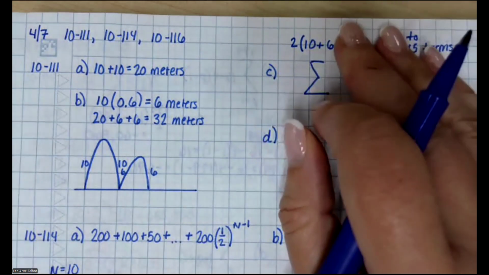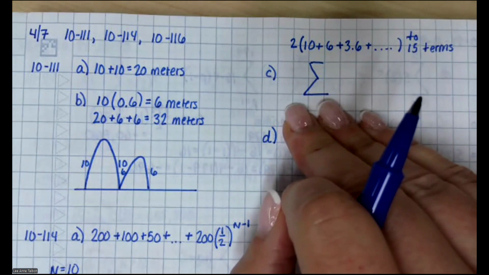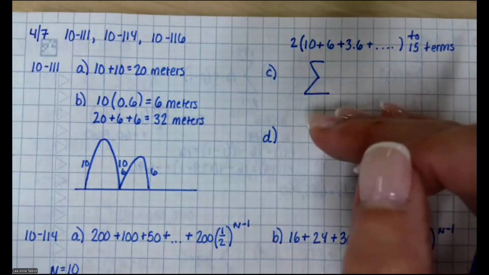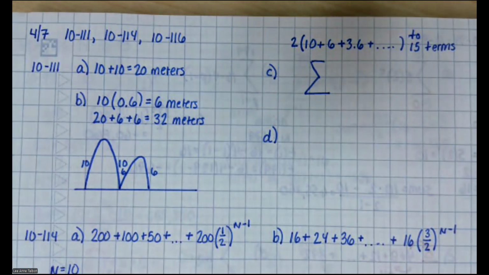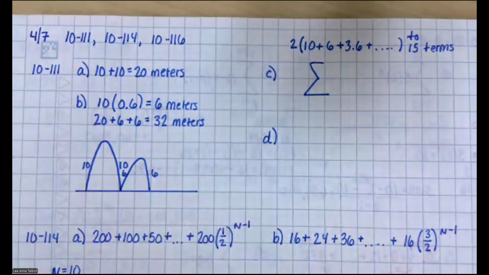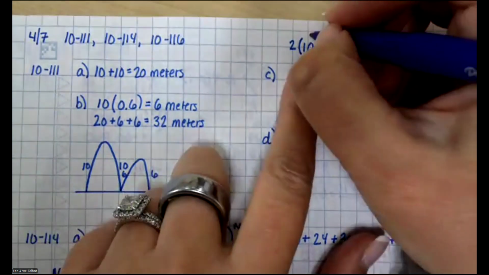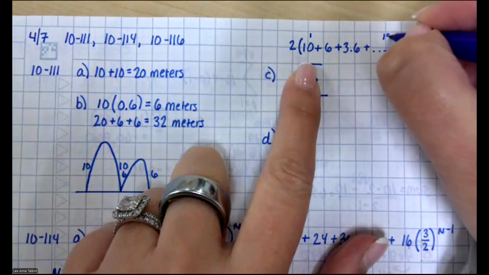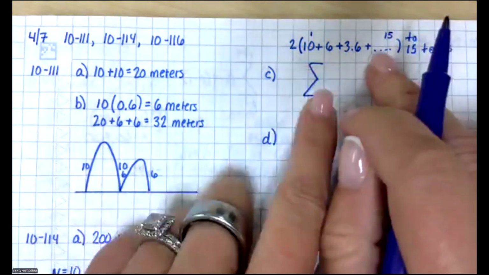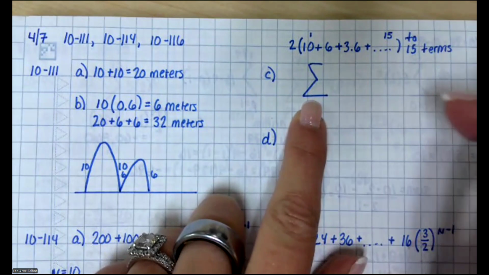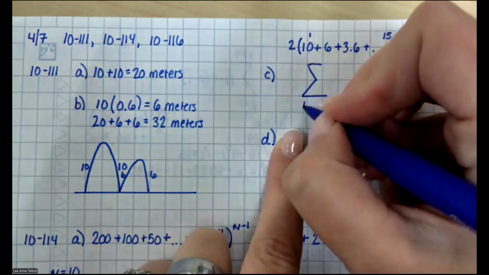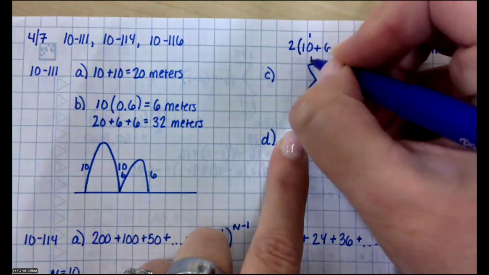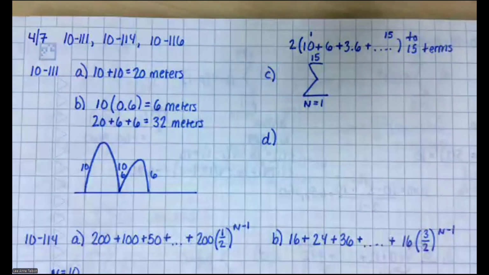Okay, so now what I'm going to do is translate this down to sigma notation. So sigma notation, you can actually do operations on, but let's just start it how we started it in the warm-ups. So we are saying that we're going from term 1 to term 15. We didn't calculate them all. We don't need to. That's okay. So I'm going to say n equals 1 to 15.